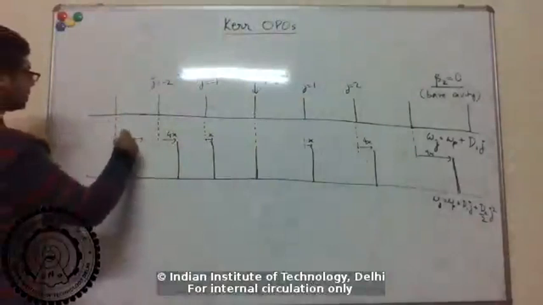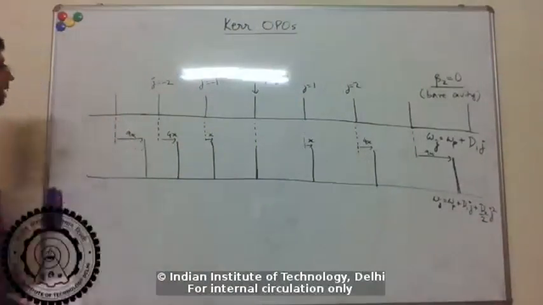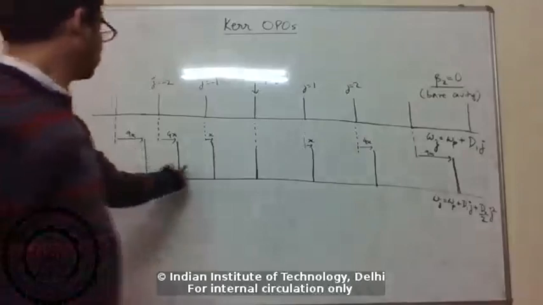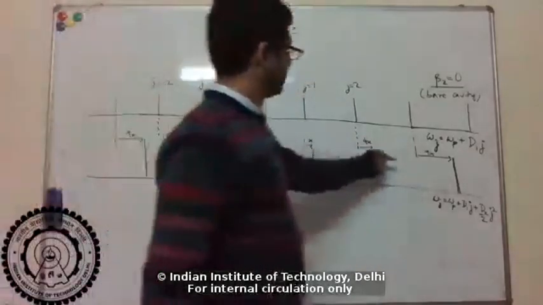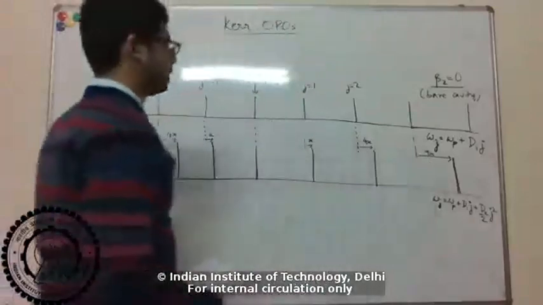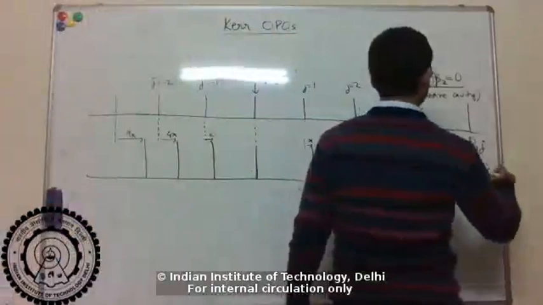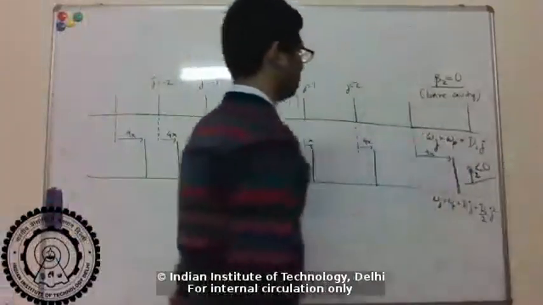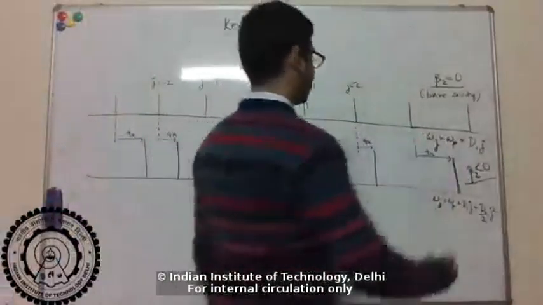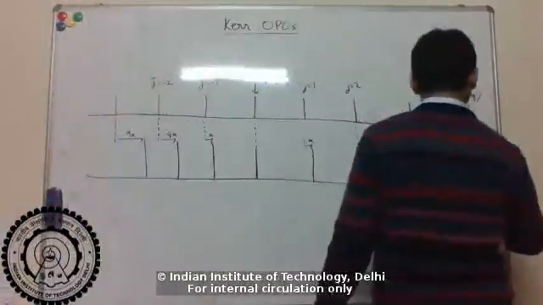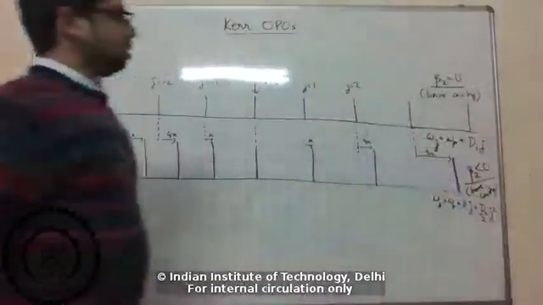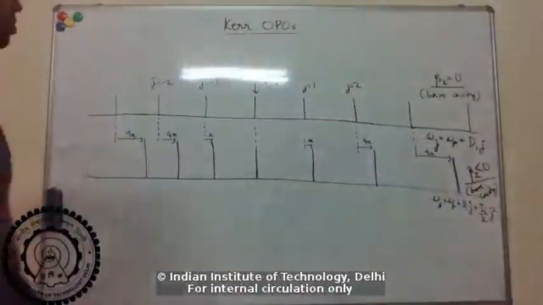Again, this one will be 9x. Right. So now you can clearly see that the FSR is small here, big here. So the FSR is increasing. Right. So this is anomalous dispersion, bare cavity, without the nonlinear phase.